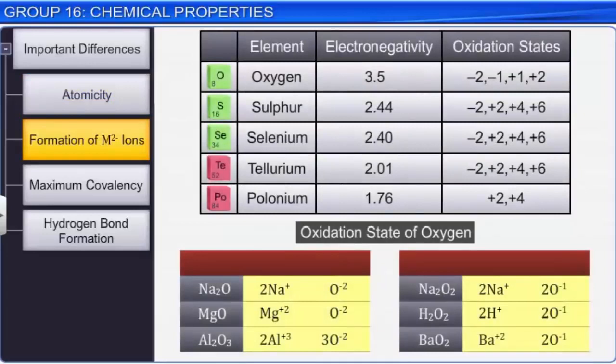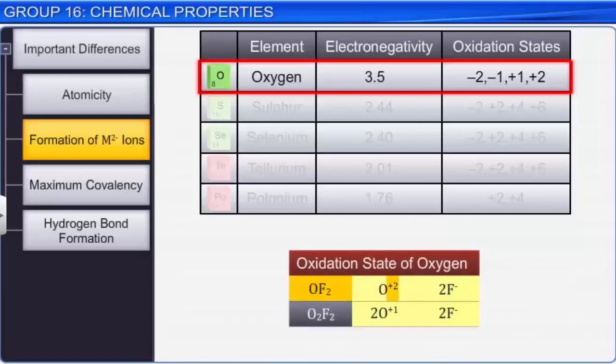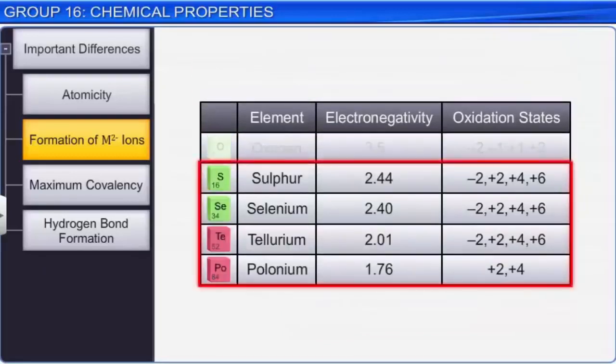Formation of M2- ions. Oxygen, due to its high electronegativity, shows negative oxidation state and does not show any positive oxidation state except in oxygen difluoride and dioxygen difluoride. The other elements show +2, +4 and +6 oxidation states in addition to -2 oxidation state.